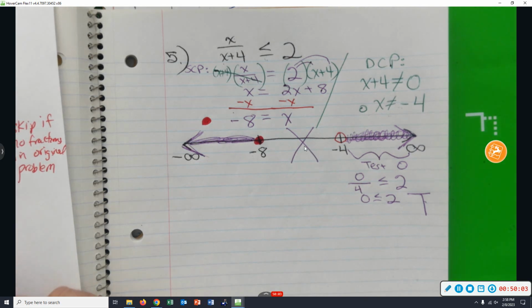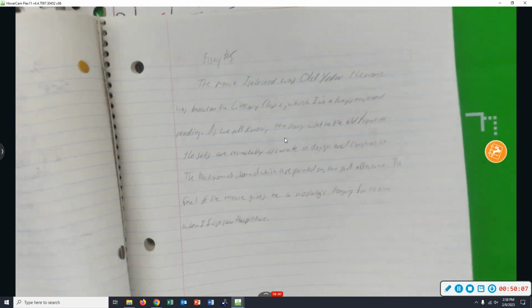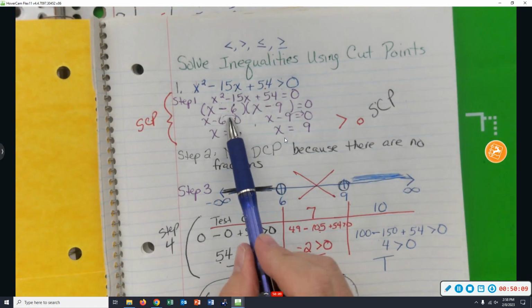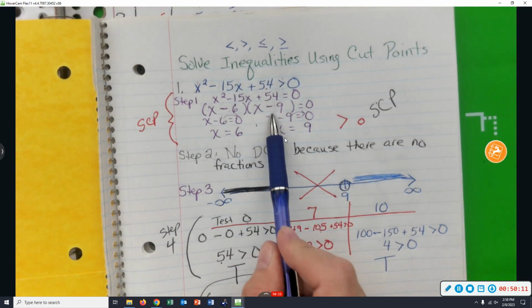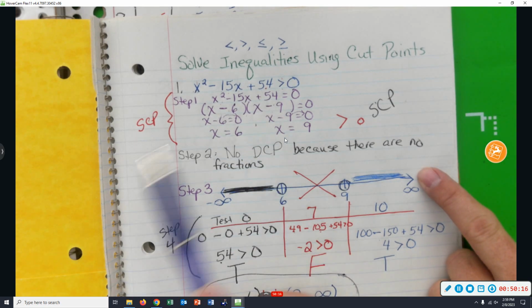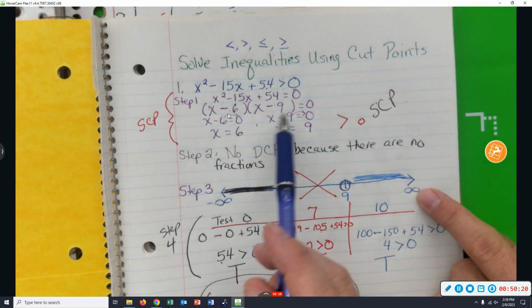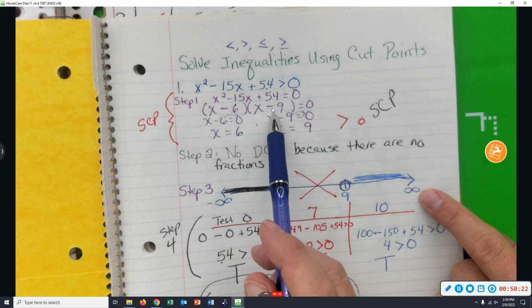I don't know what you mean by repeated factors. The same numbers. When you factor, if you have the same thing in both sets of parentheses, that's when it might not alternate. But here, is this x minus 6 repeated in this set of parentheses?